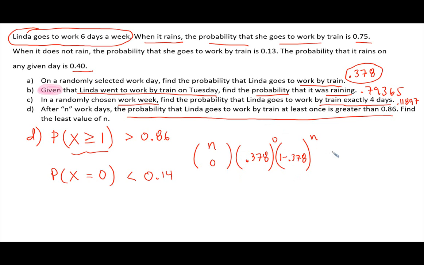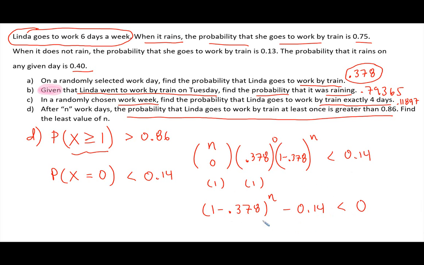And we know this has to be less than 0.14. Basically we're solving for the number of trials n. So n choose 0, anything choose 0 is really just 1, and anything to the 0 power is really just 1. So the left side is just 1 minus 0.378 to the n power. I'm going to subtract the 0.14 to this side, so this would be less than 0.